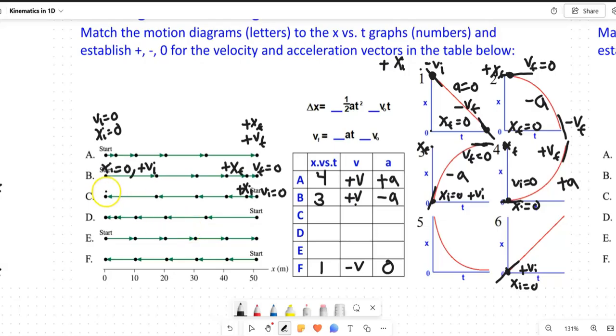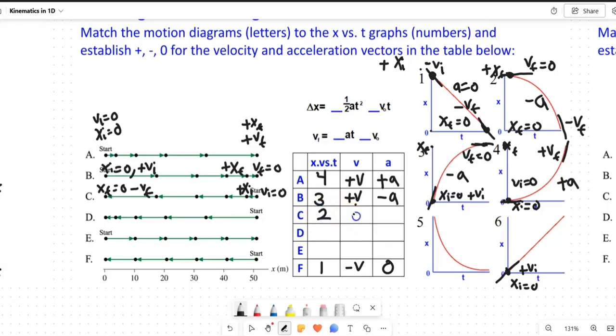And then in the end, it's got a final position equal to 0, but its final velocity is positive. Nope, that should be negative final velocity. Right there. So C is going to be 2.